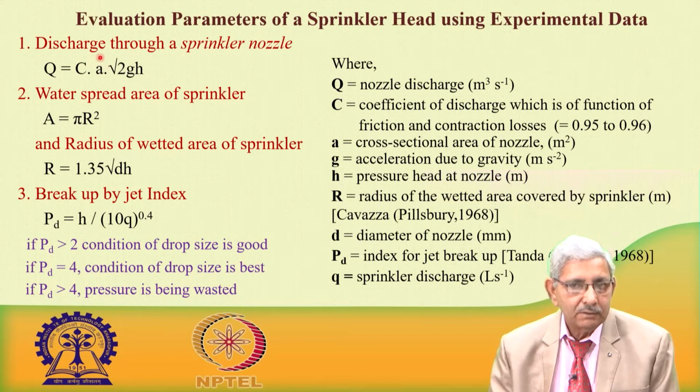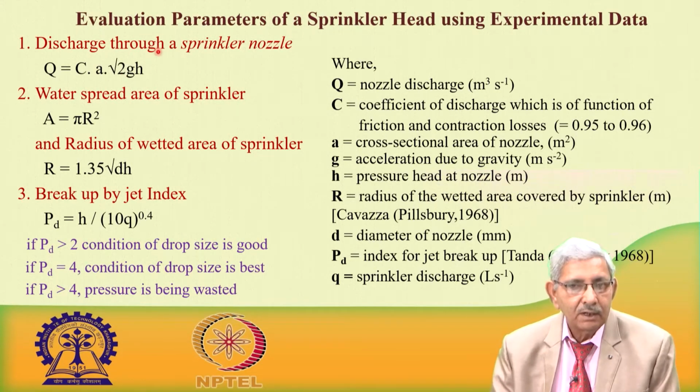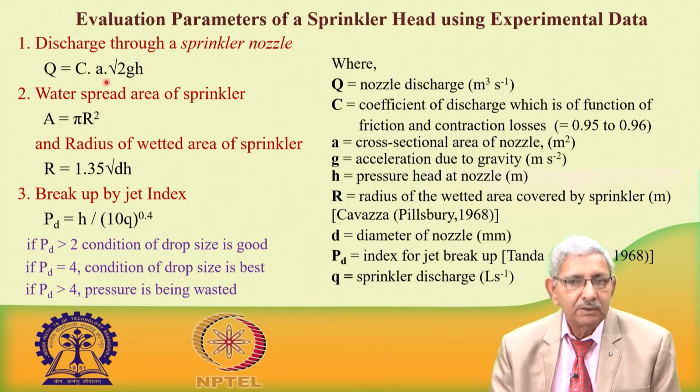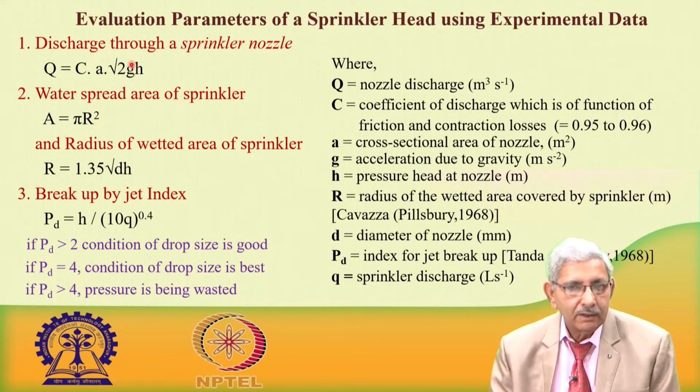A is the area of cross section of the sprinkler nozzle. If it is circular, we can simply write pi d square by 4. H is the operating pressure. If A is expressed in square meter and H in meter, the corresponding discharge will be in meter cube per second.